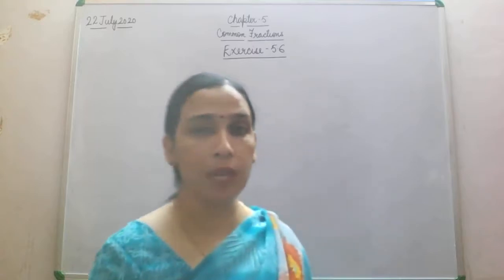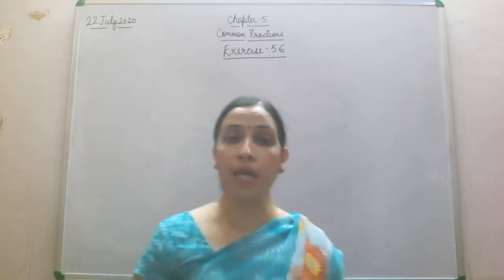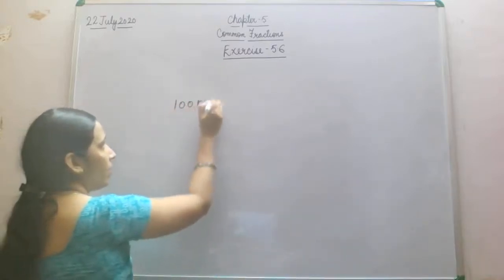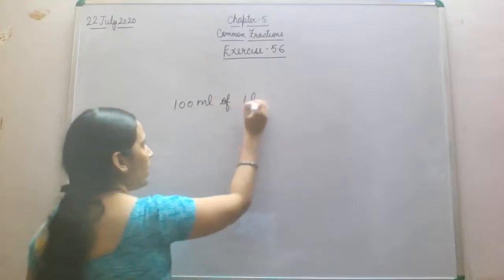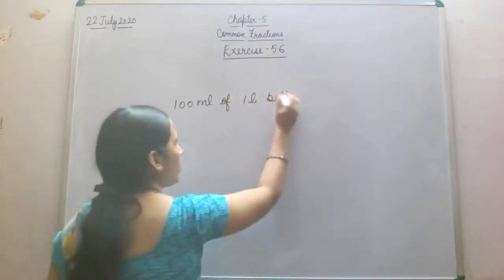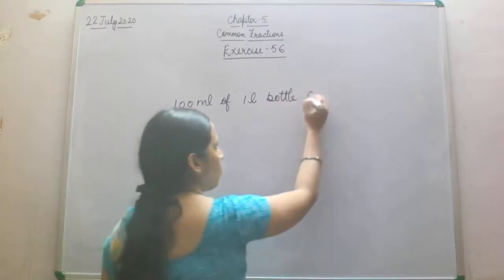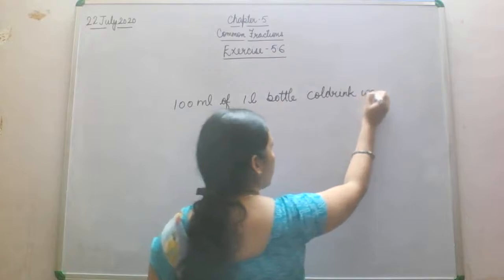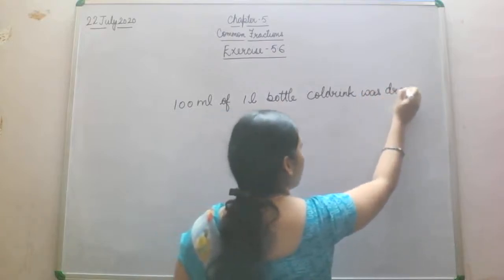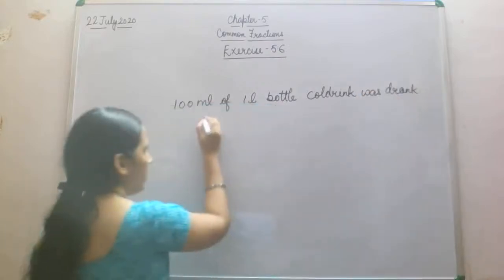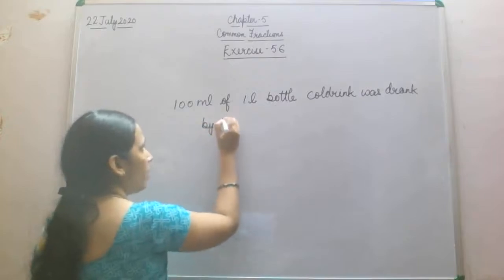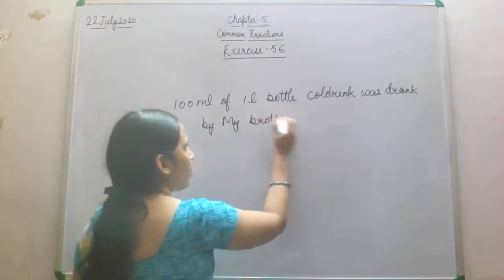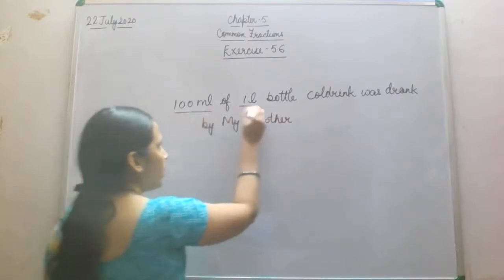So what I have told you is that 100 ml of a 1 liter bottle of cold drink was drank by my brother, or sister, anything you can write. So how can we find it out?